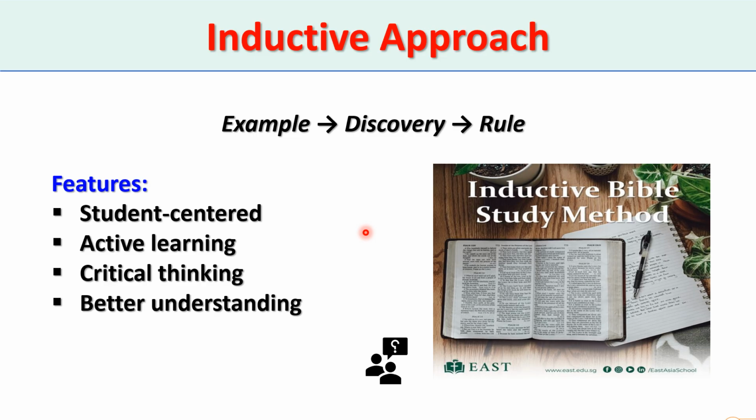The teacher gives a sentence or writes the sentence on the board. Example: I played football yesterday. She visited her parents last week. And the teacher can ask students a question so that students can analyze the grammar. For example, "I" and "she": what do we call them?